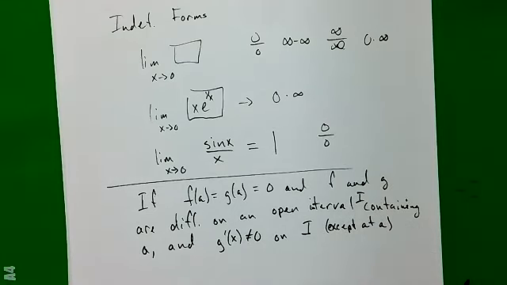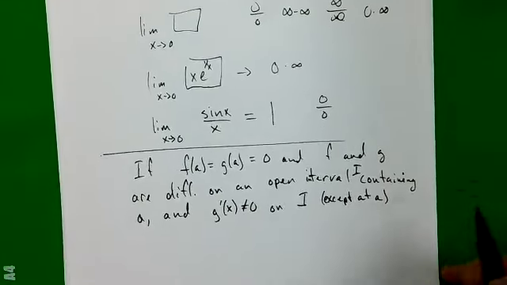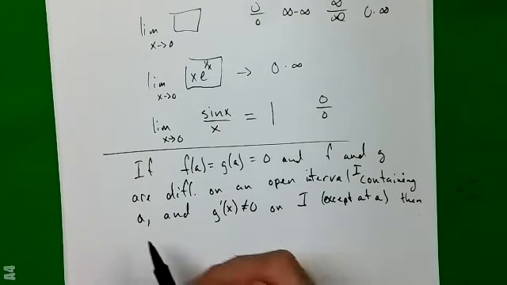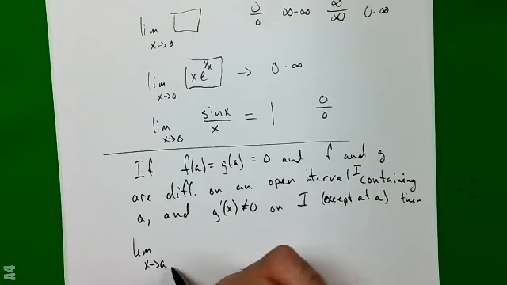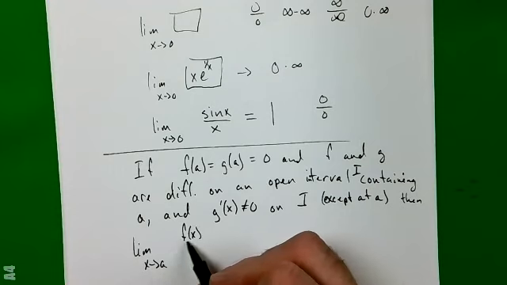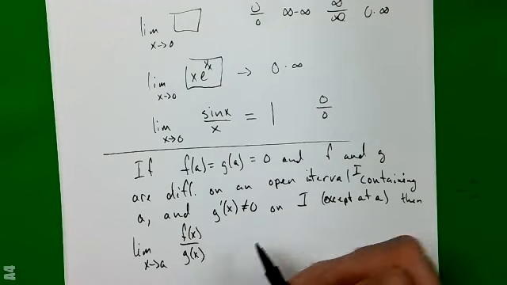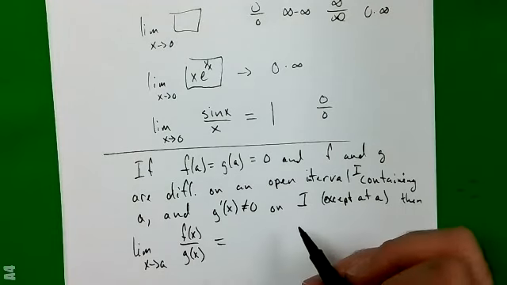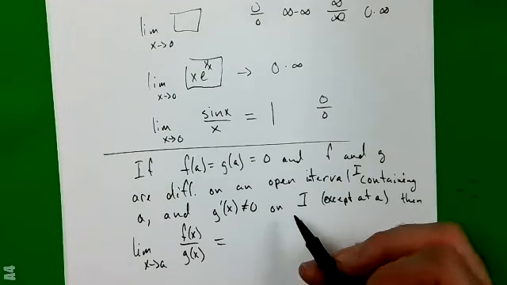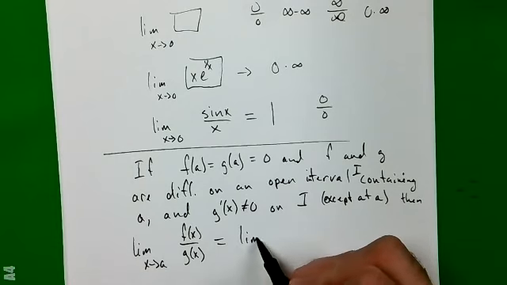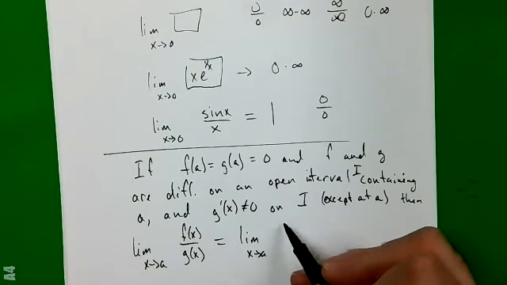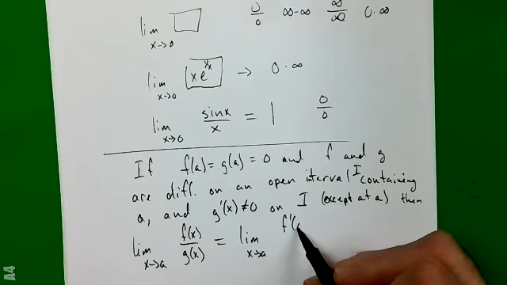We'll call that open interval I. Then the limit as x approaches a of f of x over g of x can be found. This is L'Hopital's rule here. This limit can be found by taking the limit as x approaches a of their derivatives.